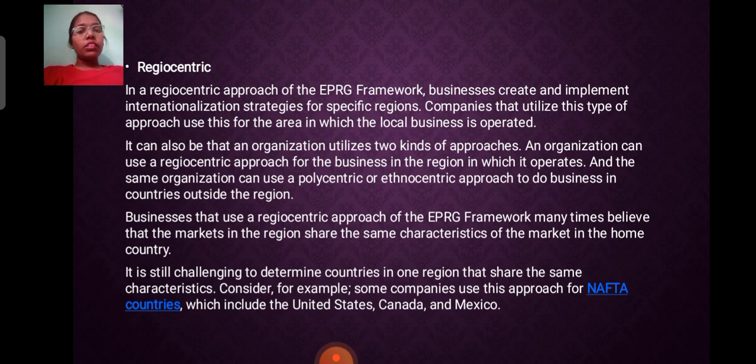Consider, for example, some companies use the approach for NAFTA countries, which include the United States, Canada, and Mexico.